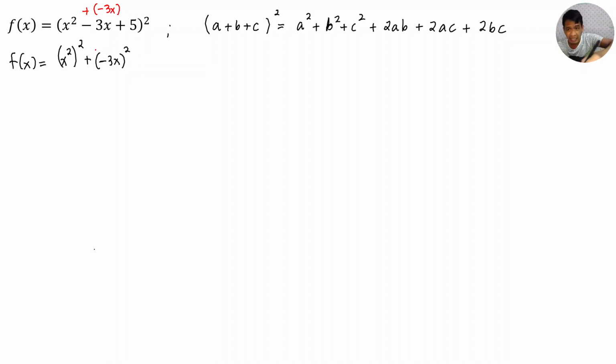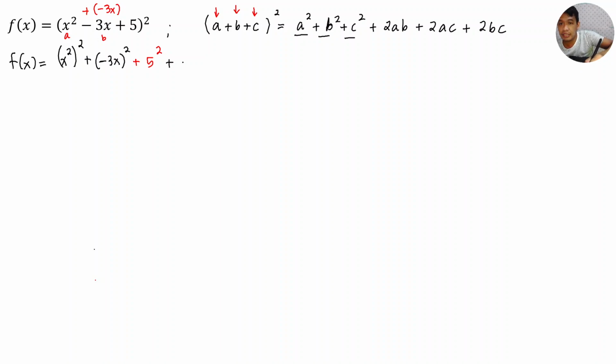So that's why your a here is x squared, your b is negative 3x, and this is your c, 5. Plus 5 squared. So that's our first 3 terms, a squared plus b squared plus c squared.